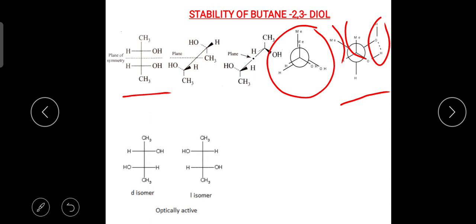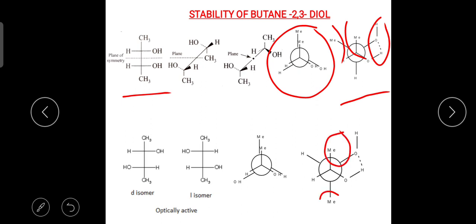Second one is the DL isomer of 2,3-diol. If we draw the Newman projection of this DL isomer, then this DL isomer also has hydrogen bond stabilization, but here the methyl groups are present at the anti position.